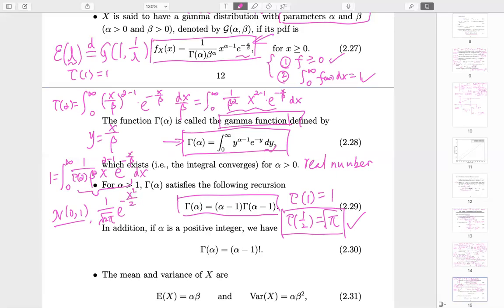So this is the standard one, but of course it's quite far away at this stage to say what it looks like there. But anyway, you can use this result to prove this. What you need to know is if alpha is a positive integer, gamma of alpha is alpha minus 1 factorial.